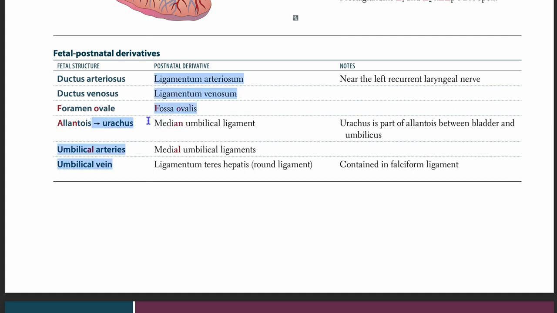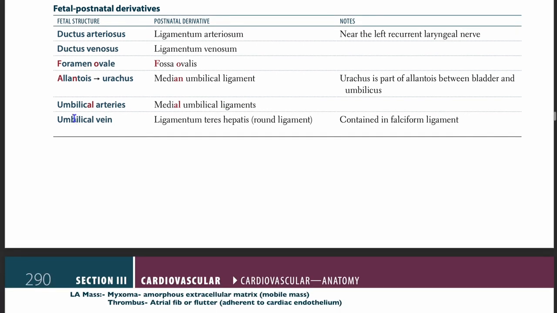This is important because if some bits didn't fuse and others did, that'll create a cyst with urine inside. Allantois turns into urachus. So patent allantois or patent urachus, one or the other. Umbilical arteries become the medial umbilical ligaments.